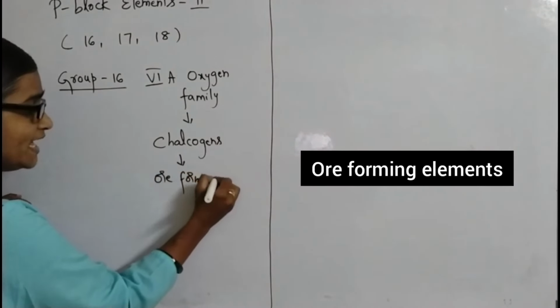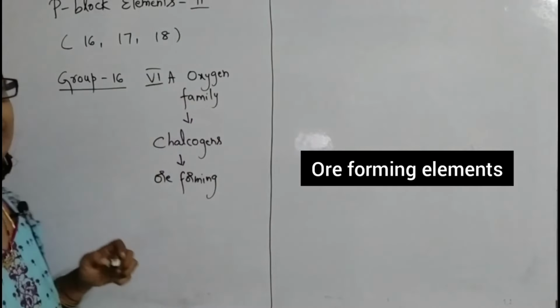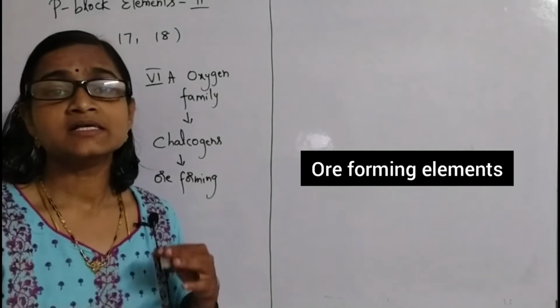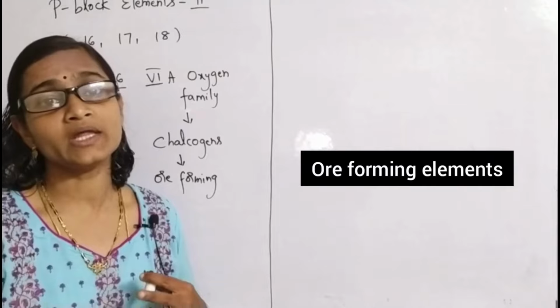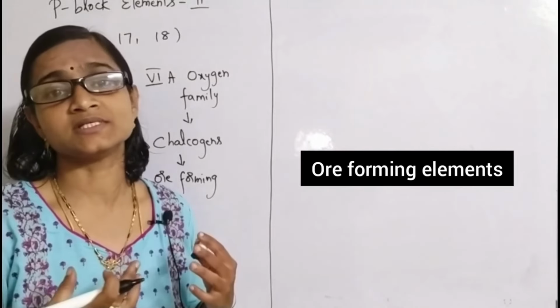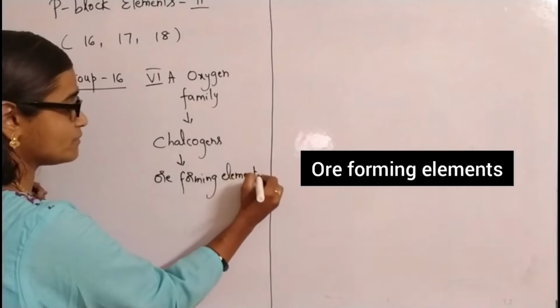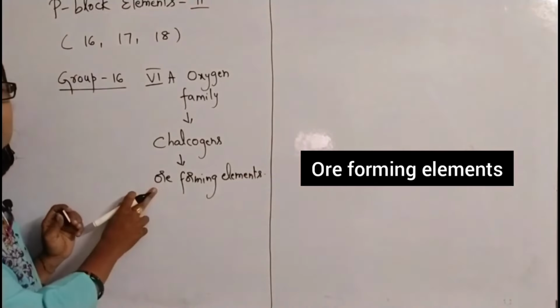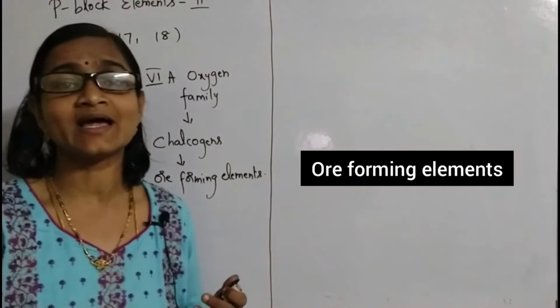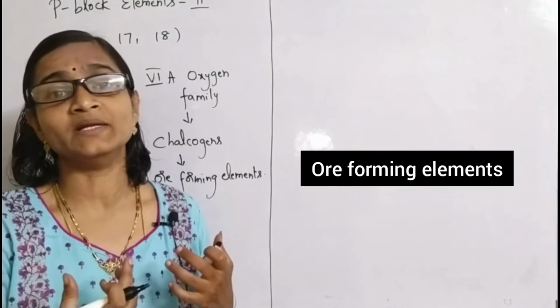Most of the elements of 6A group are meant for forming certain metallic ores. They exist in the form of ores. I think you have an idea about ores. Ores are the substances from which metals can be extracted economically and profitably.